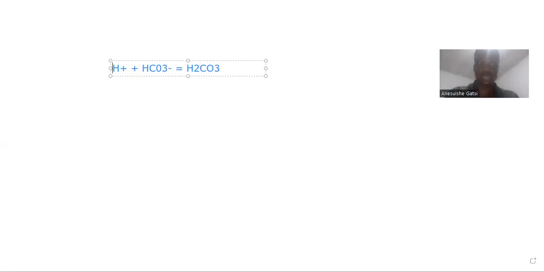Then we also talk about carbon dioxide plus water. But the equilibrium signs in between are not unidirectional, they are bidirectional, meaning carbon dioxide and water give H plus plus bicarbonate, which can give us carbonic acid.